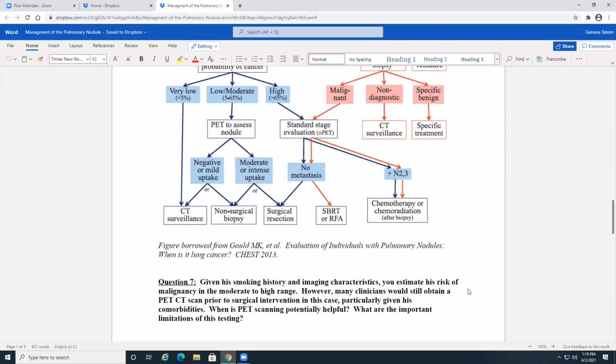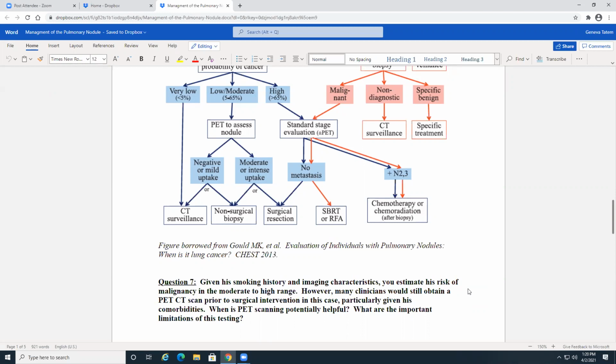So that is his workup from that standpoint. So again, given his smoking history and how things look on imaging, you estimate his risk to be in the moderate to high range. Some clinicians might obtain a PET CT scan before intervention, given his comorbidities.